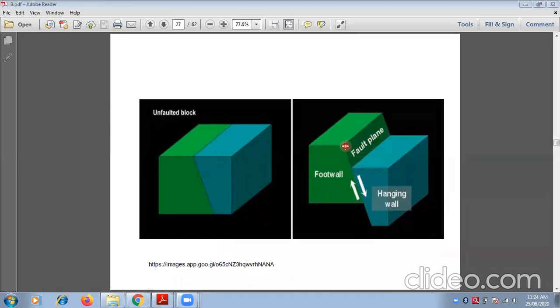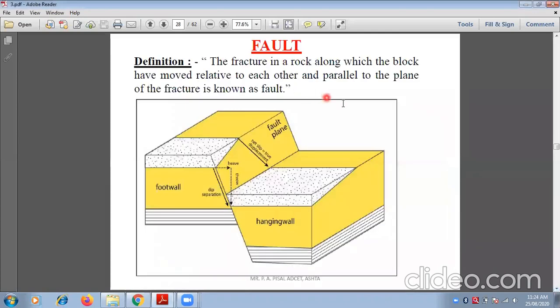Such types of movements are considered as a fault. Now we will see this in detail. Here you can see the definition of the fault. The fracture in a rock along which the blocks have moved relative to each other and parallel to the plane of fracture is known as a fault.